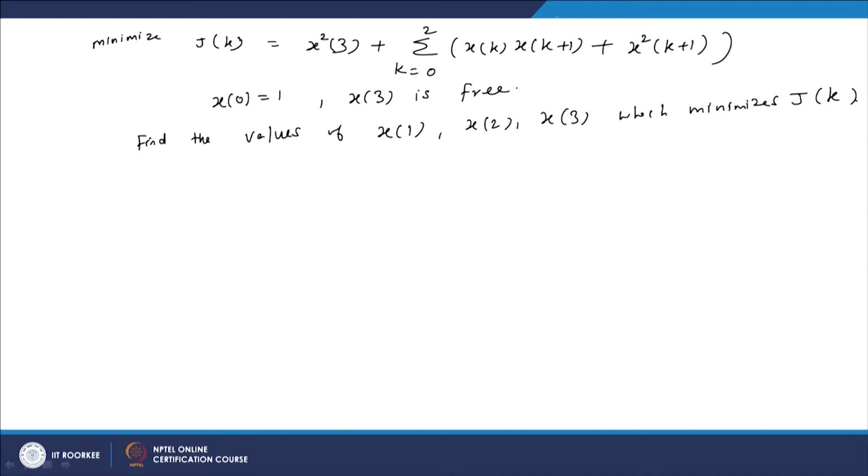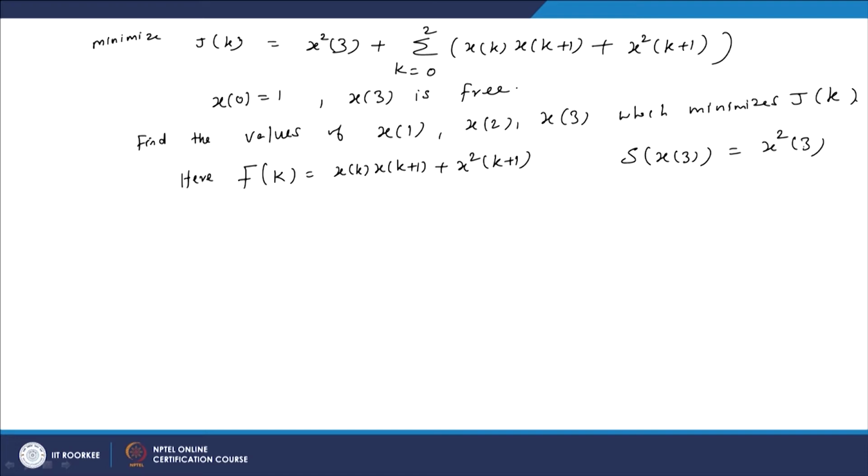The function capital F in the previous slide is here. Capital F of k is this expression, it is x of k, x of k plus 1 plus x square of k plus 1, and the function S of x of 3 is equal to x square of 3.